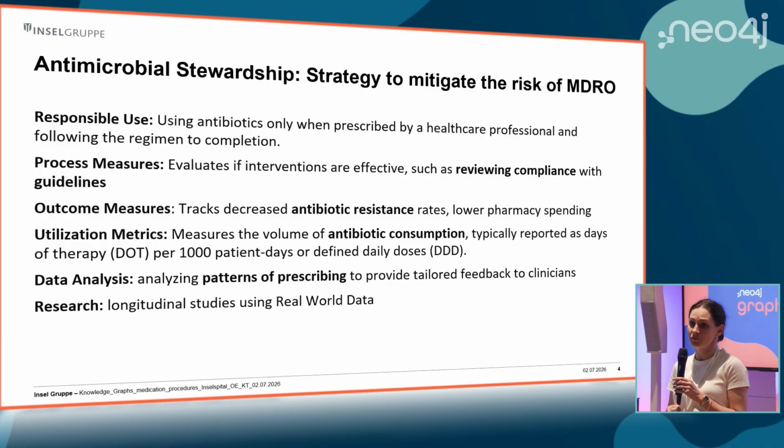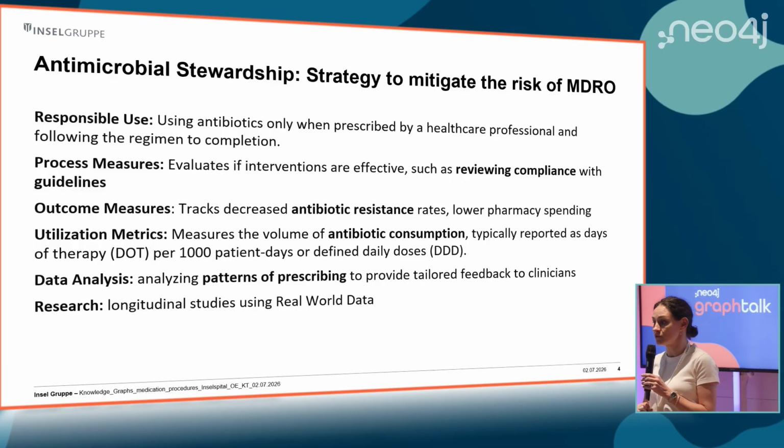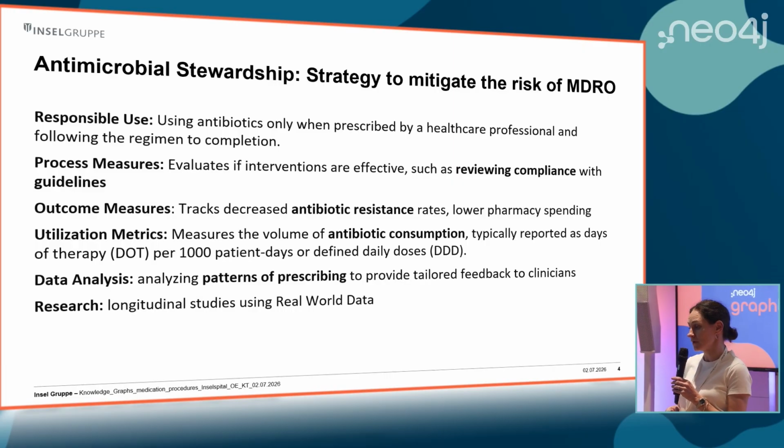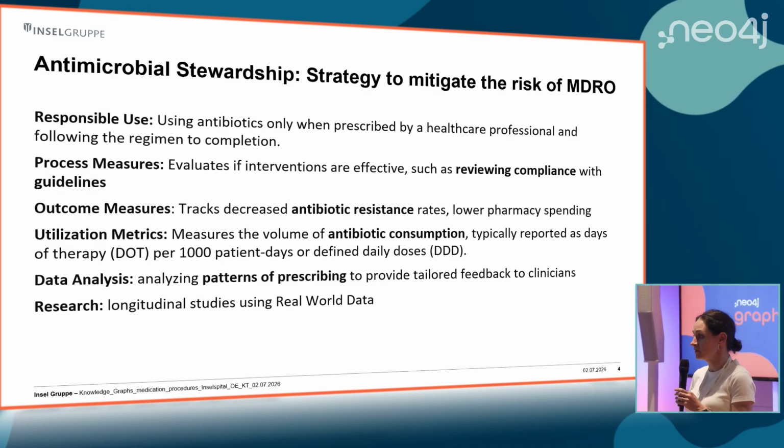First is responsible use of antibiotics, so we still have some in reserve for people who really have a bad chance, so there is something we can give them. It's also process measurements, to evaluate if the interventions we implement are effective.